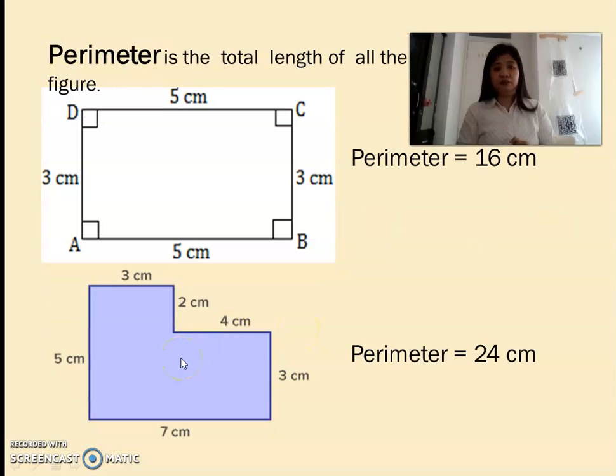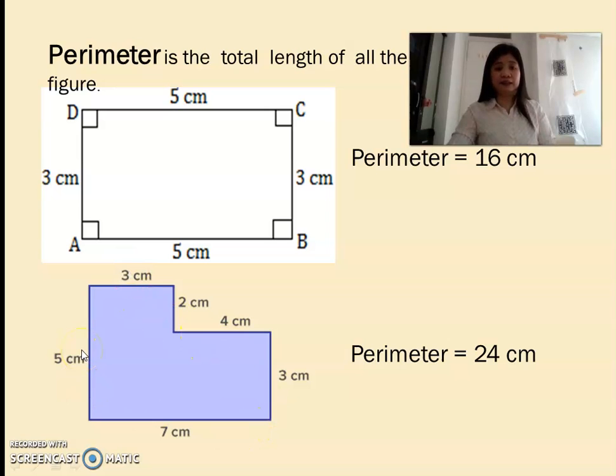Now we have a different kind of figure here. This is a composite figure. To find the perimeter, stay on our concept of the total length of all the sides around the figure. In this case, there are many sides: 1, 2, 3, 4, 5, 6.